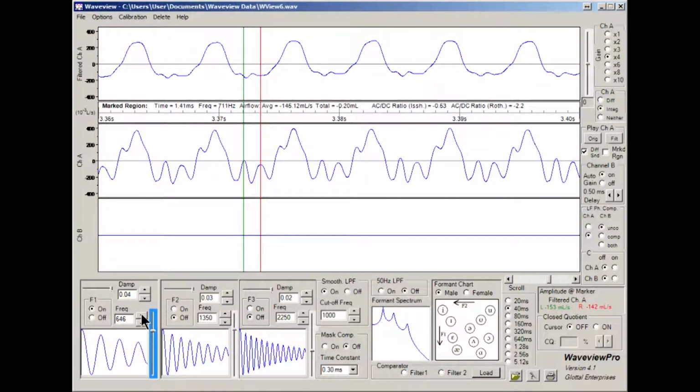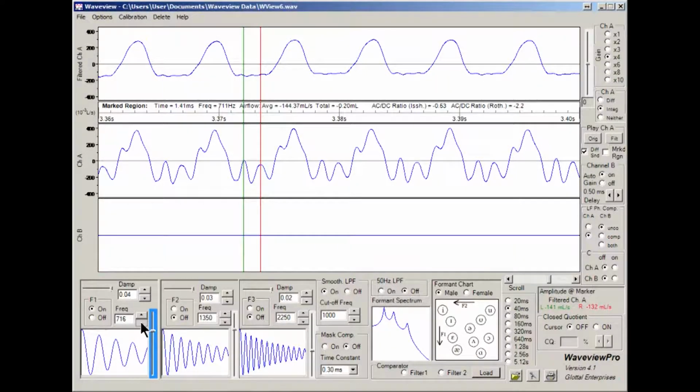Here is 654, 660, and 676, and 700, and there's 720.